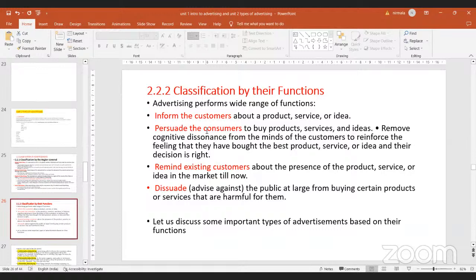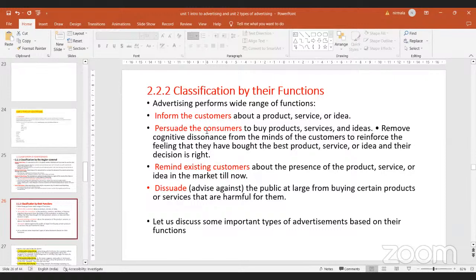So, for example, when a new product launches, maybe the new iPhone just comes into the market, you may go for informing the consumers about its advantages or the new features.